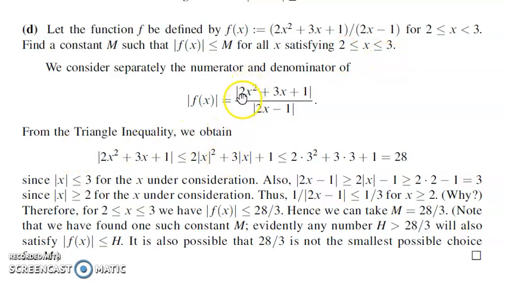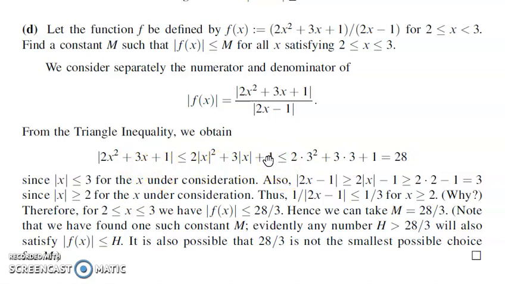First consider modulus of 2x square plus 3x plus 1. By triangle inequality, we can subdivide this: modulus of 2x square plus 3x plus 1 is less than or equal to modulus of 2x square plus 3x plus modulus of 1, which, again applying the triangle inequality, is less than or equal to 2 into modulus of x square plus 3 into modulus of x plus 1.